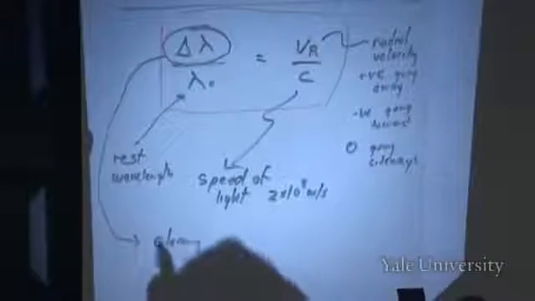Delta always means change, as you may remember from calculus. So this is a change in the wavelength. And it is defined such that the observed wavelength is equal to the rest wavelength plus the change in the wavelength induced by the radial velocity.